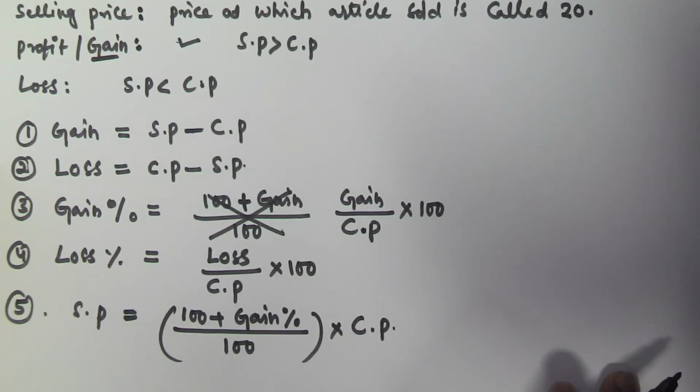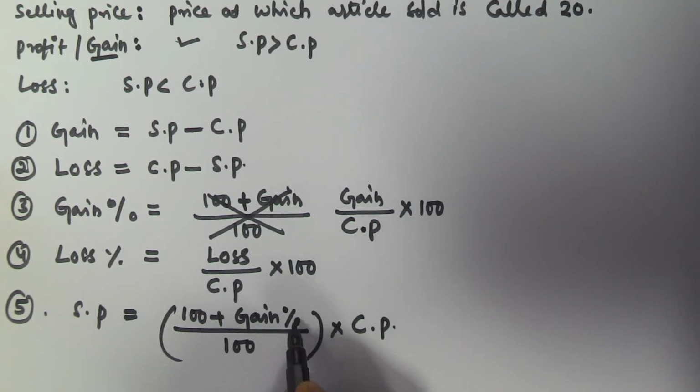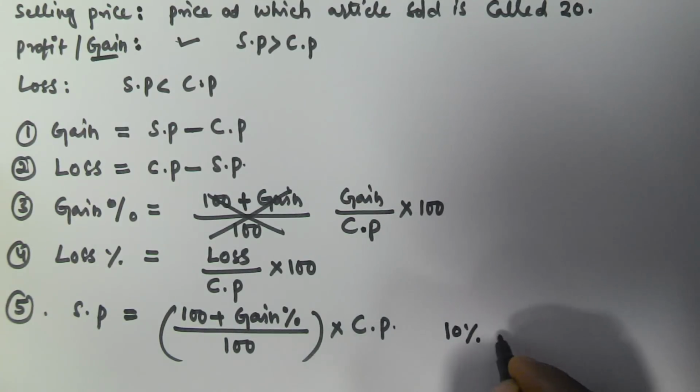Whenever there is a gain, the selling price is given by 100 plus gain percentage by 100 into cost price. For example, let us assume that a person got 10 percent gain by selling.